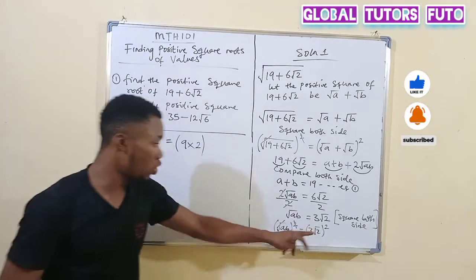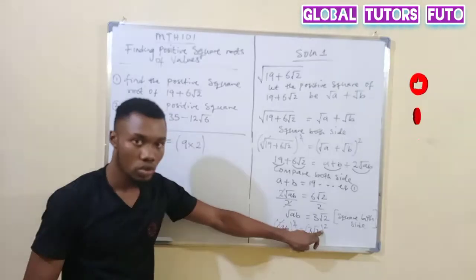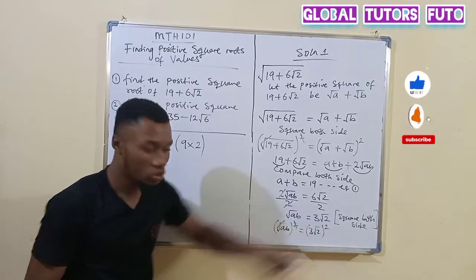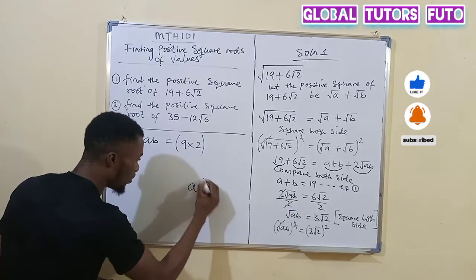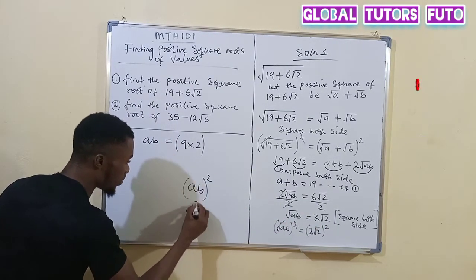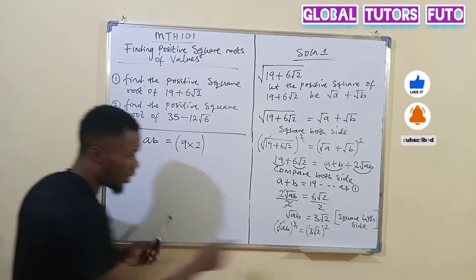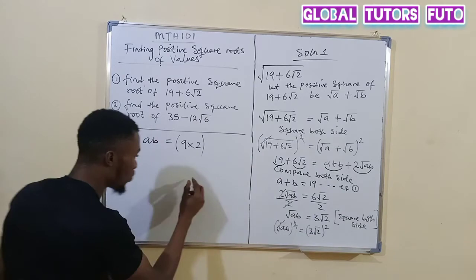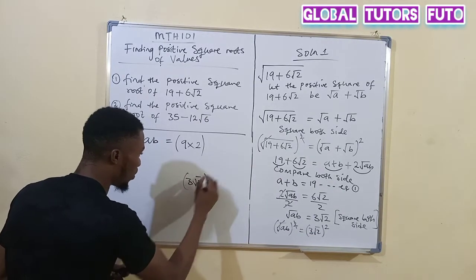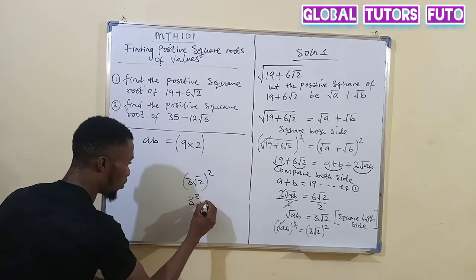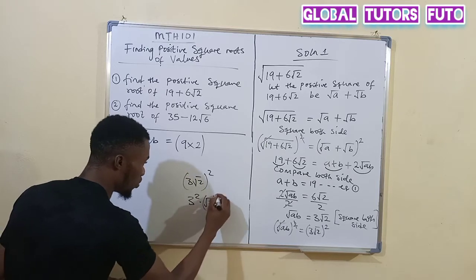Remember what we did here, this is 3 root 2 raised to power 2. So if you have ab raised to power 2, it means a raised to power 2, b raised to power 2. Okay? So here what do we have? 3 root 2 raised to power 2. So it is 3 raised to power 2 times root 2 raised to power 2.